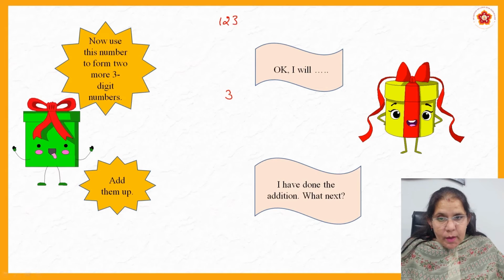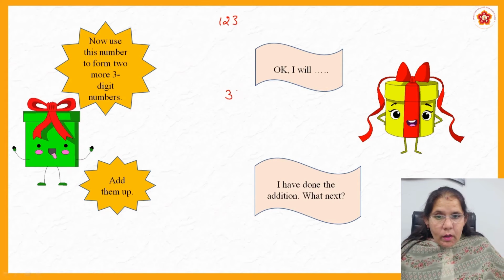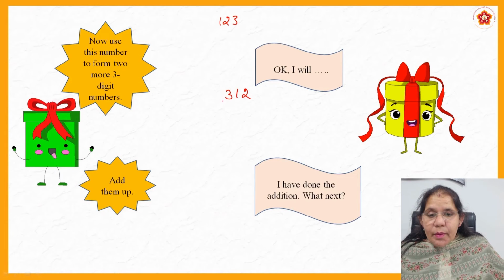This was the original number. The next number she thought of was 312. In fact, she changed the places to get the number 312 and the other number 231.